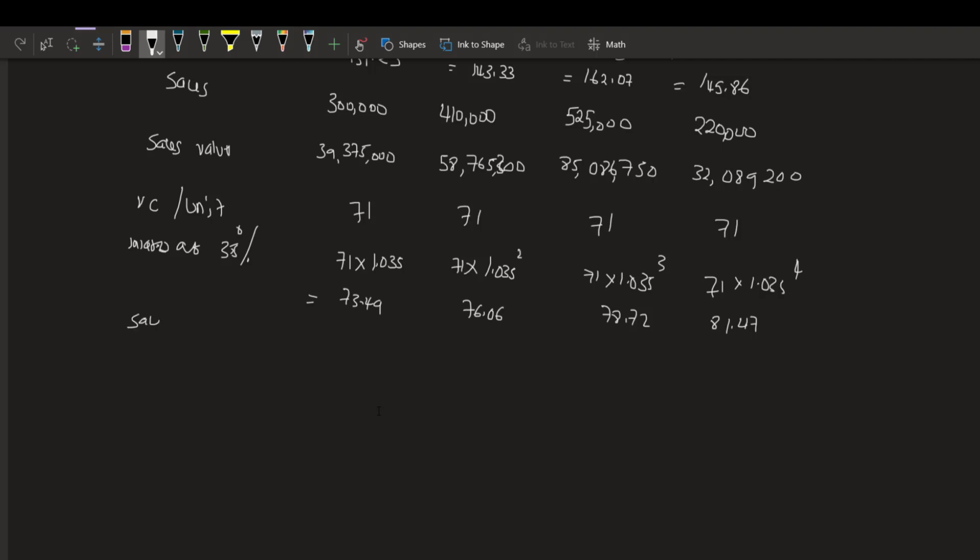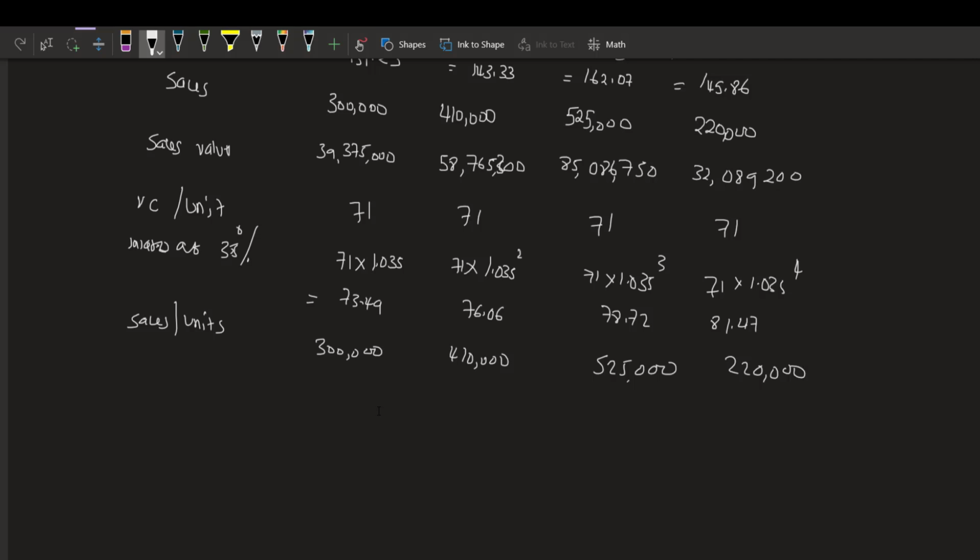So the sales in units. Again, we have 300,000. We have 410,000. We have 525,000. And lastly, we have 220,000.